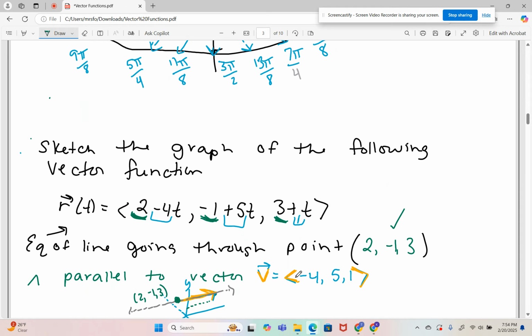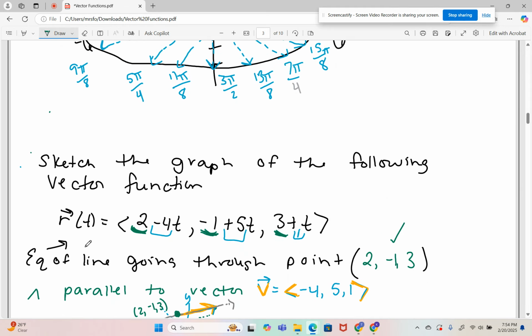So this is an equation of a line that goes through the point 2, -1, 3, and is parallel to the vector -4, 5, and 1. So what I want us to recall is that when something is parallel to the vector, that means it could be the line. The vector can be on that line. There is on that line.